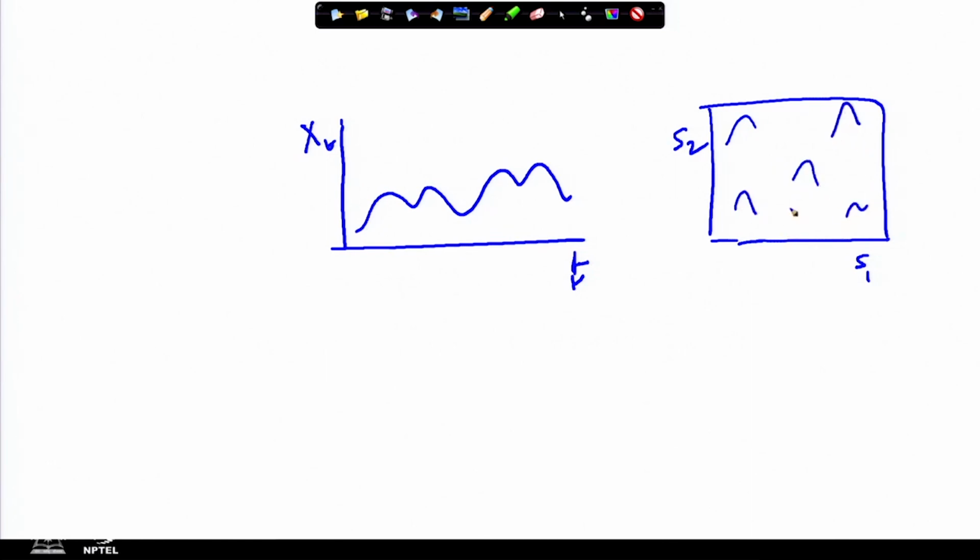So, the idea here is that this kind of a curve can be considered as a temporal function. This can be considered as some kind of a spatial function. In both cases, the function is nothing but a collection of values over an infinite number of points. In this case those points are time points. In the right hand case, in case of the spatial function, those points are the spatial points.